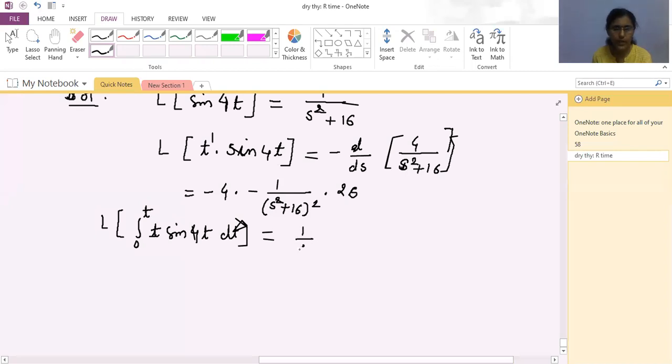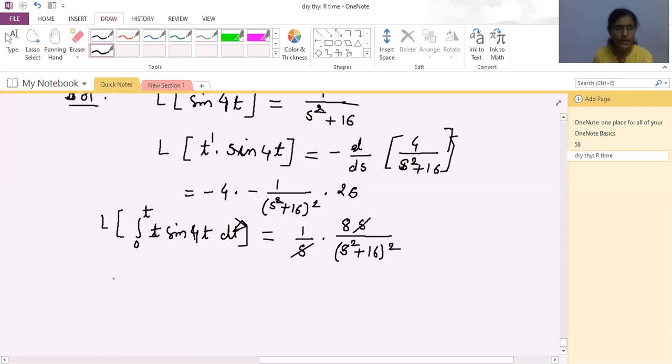So we'll write 1 by s into this f bar of s, the term that we got in the last step. This minus and minus will become plus, 4 into 2 will become 8, s upon the bracket square as it is. So this s we can cancel from numerator and denominator. That will be the Laplace of the integral of t into sine 4t dt.